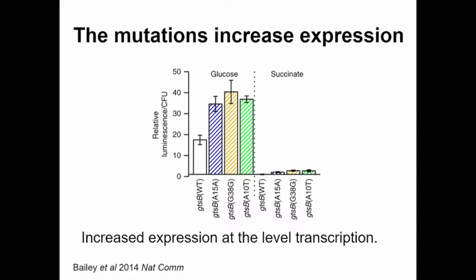Yes, I agree with that. Yep. In fact, yes, there may be differences in expression here, but you're right. But most people would say that's just a leaky promoter. Yeah. But do you see the same effect of the mutation? Yeah.